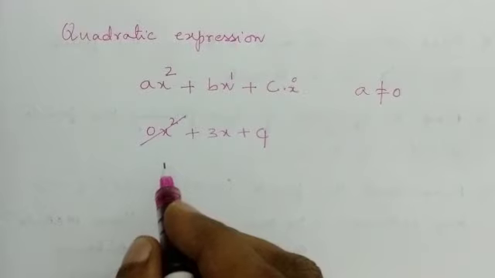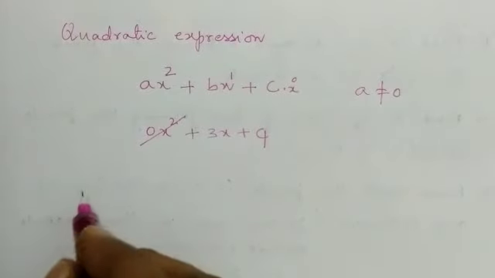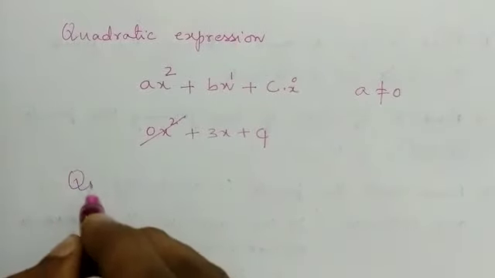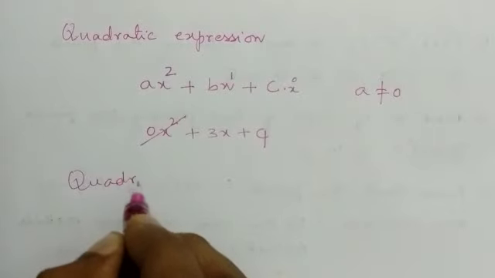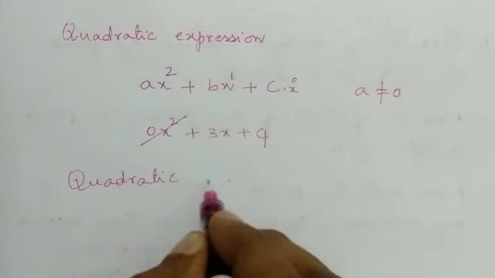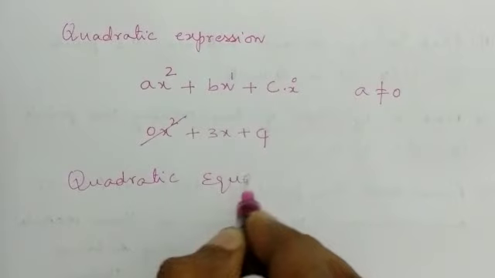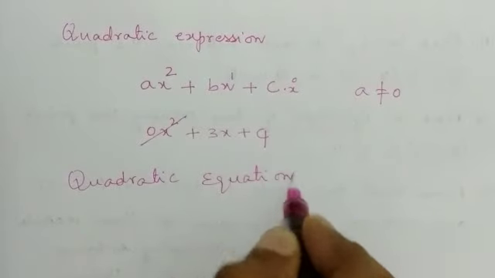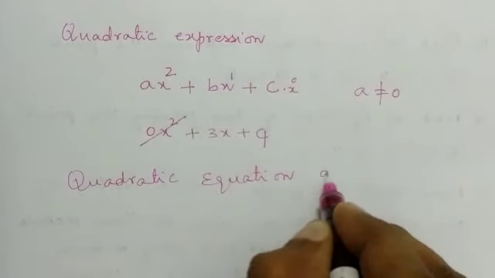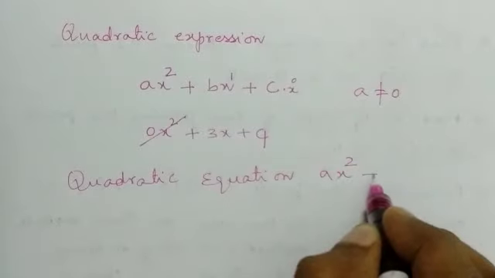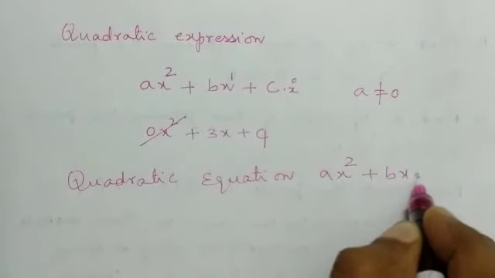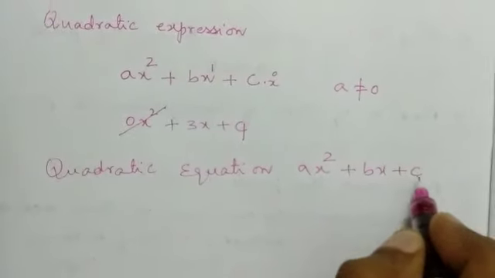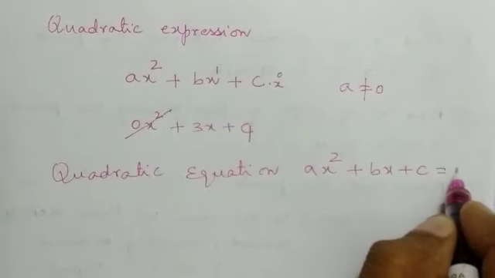Let us go to the quadratic equation. That is ax square plus bx plus c equal to 0.